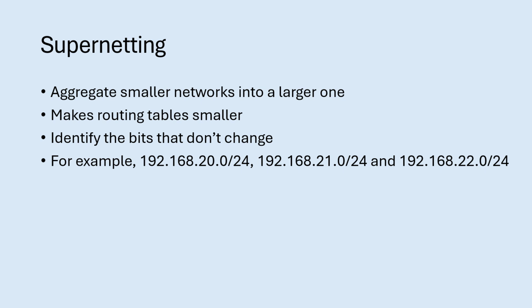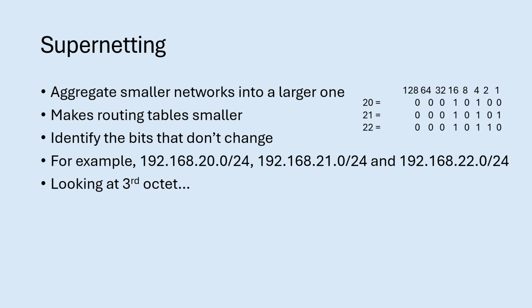So what I will do is I will extend the third octet, I will convert it from decimal to binary, and I will identify which bits are the same and which bits are different.